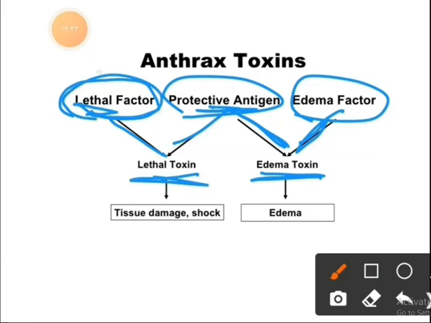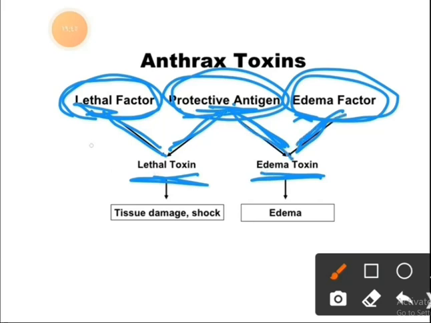The lethal factor alone is not toxic. The protective antigen is not toxic alone. The edema factor alone is not toxic. But the combination of lethal factor with the protective antigen, or protective antigen with the edema factor, will cause these powerful toxins, the edema toxin and the lethal toxin.